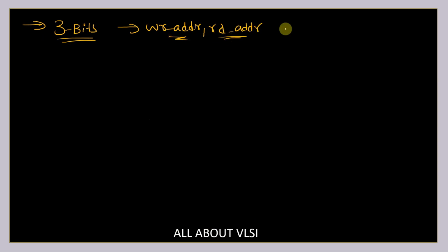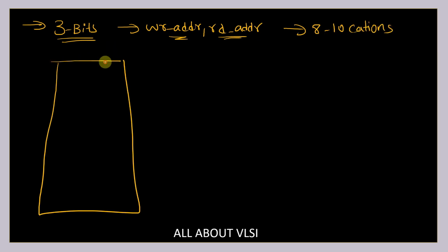Let's say suppose we have only 3 bits for my write address and read address. That means I have a total of 8 locations, right? So it is going to look like this: this is my memory, and this is my read pointer, and at the last location is my write pointer. Let's say this is at 000 and this is at 111.